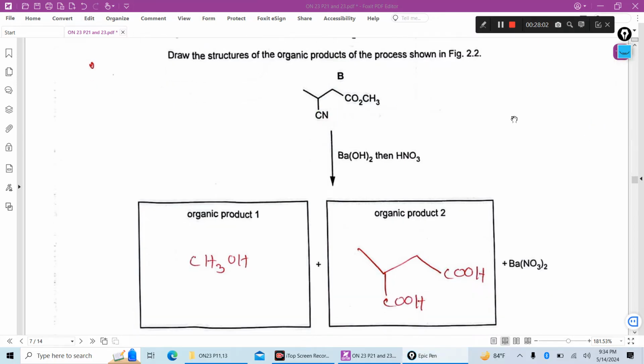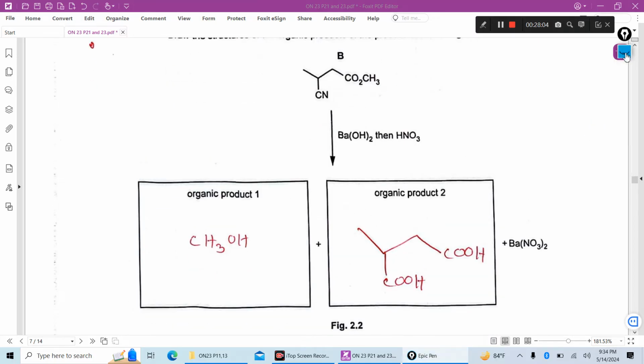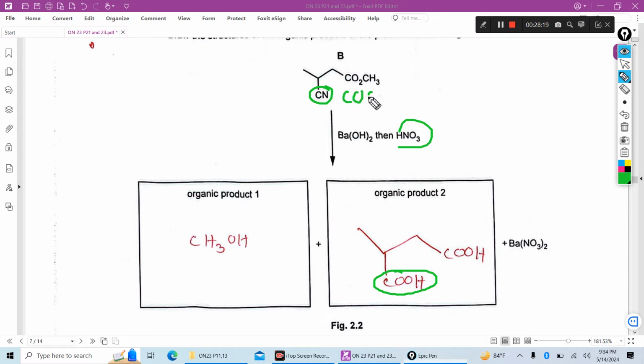If acid is present, in aqueous acid the cyanide converts to a COOH group, carboxylic acid, and the ester COOCH3 undergoes acid hydrolysis.